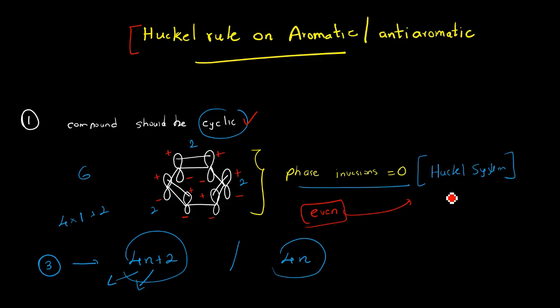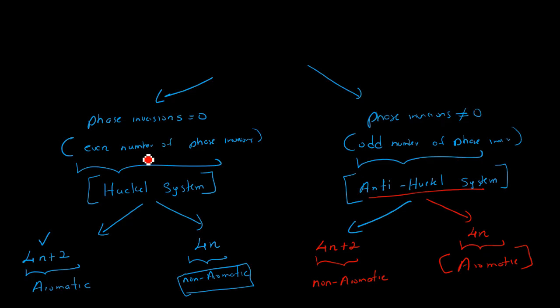Your system is Huckel. Here, if your phase inversions are 0 or an even number, then your system is a Huckel system. In that case, you need to calculate the pi electrons and see whether it satisfies the 4n plus 2 rule. If it satisfies the 4n plus 2 rule, then it's aromatic, or else it's non-aromatic.